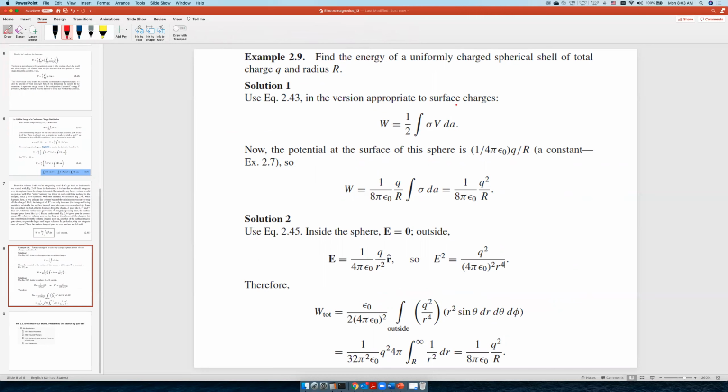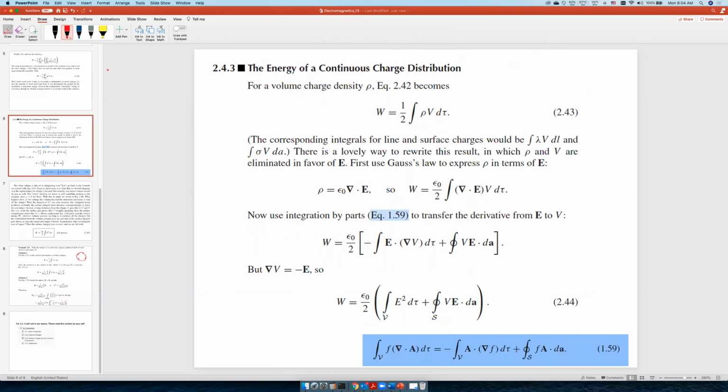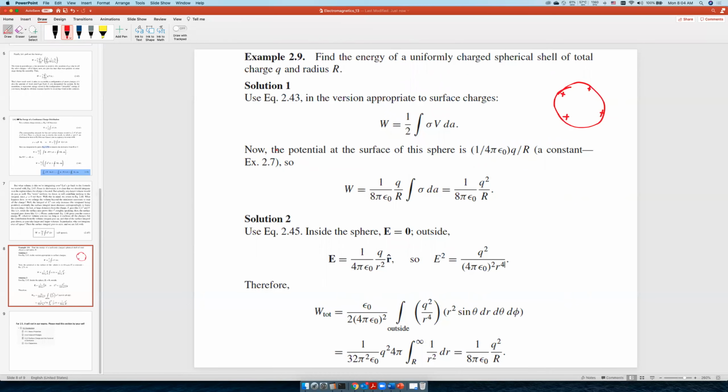Now you have a sphere, and let's say you have some charges distributed on the surface. And what's the energy you need to assemble those charges? First, let's use the equation 2.43. W equals 1 over 2 integral of sigma V times dA. It's pretty straightforward.